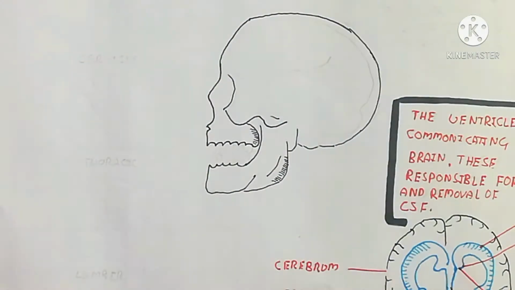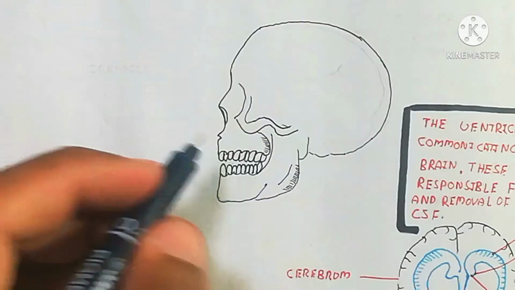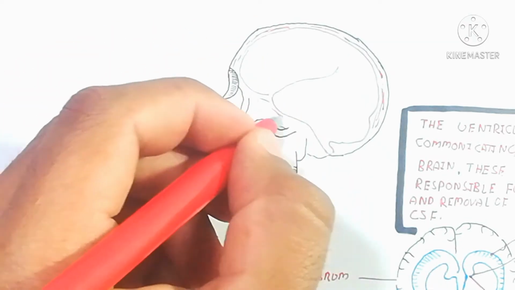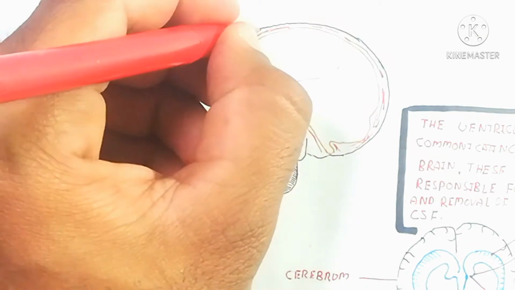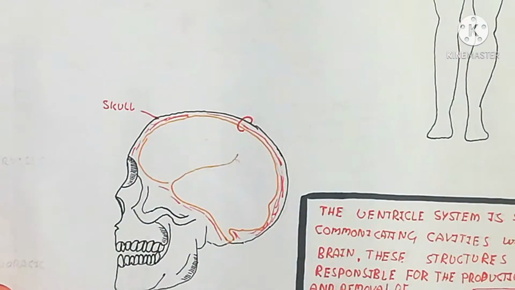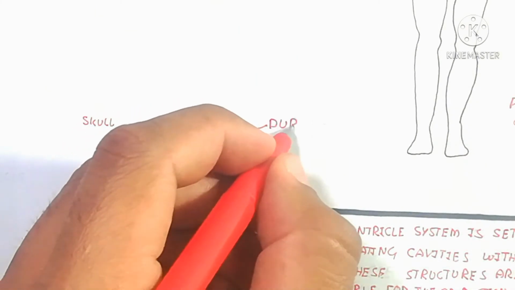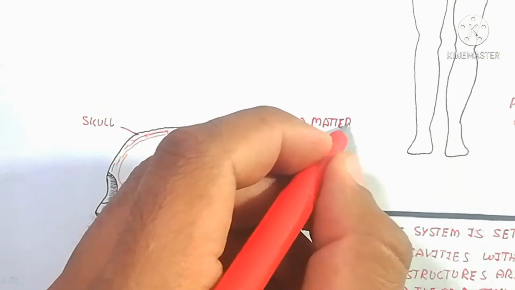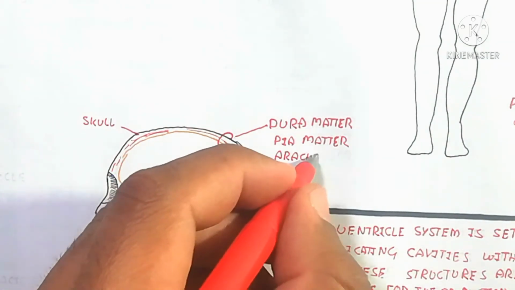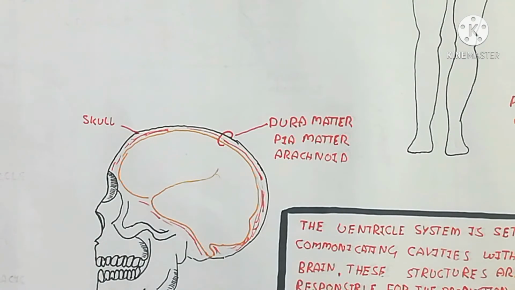So here I will draw a skull which contains a brain. The skull is the primary protecting layer, made up of bones, and three layers made up of dura mater, pia mater, and arachnoid, which are collectively called the meninges. These meninges protect the brain after the protection of the skull, which is bone.